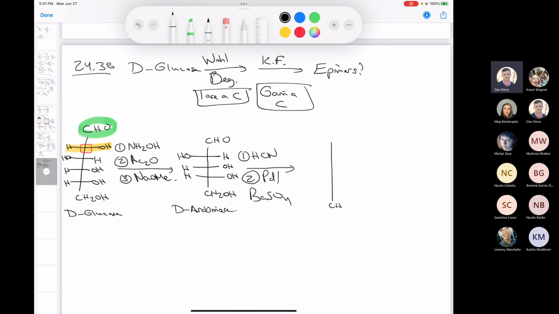Let's draw them. Well, one of them, hopefully you can tell, is going to be D-glucose. So we have 1, 2, 3, 4. The bottom 3 are going to be identical. We haven't changed anything there. So we'll put all that in. Now I'm going to copy and paste this.